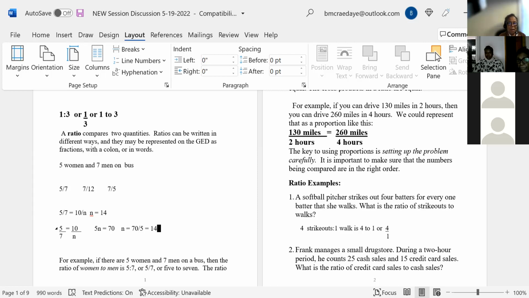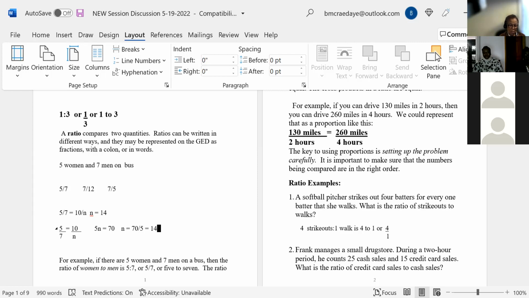What's 50 divided by 5, Mercedes? 50 divided by 5 is 10. Okay. Now 20 divided by 5 is what? 4. And what's 10 plus 4? 14.